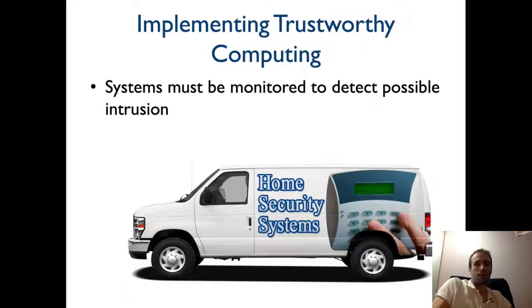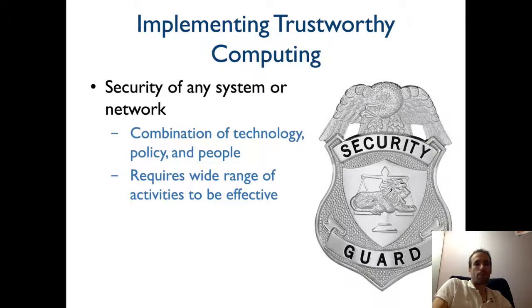However, that is not enough. To have a secure system in a company or organization, it's a combination of 3 things: technology, policy, and people. Technology means having a good firewall, having a good antivirus, right? But that's not enough.